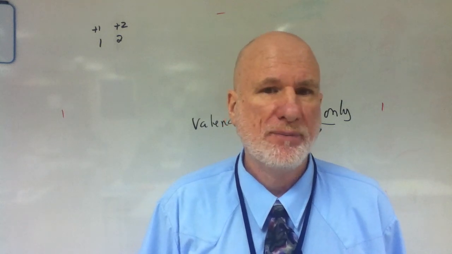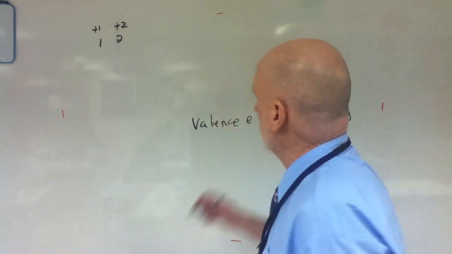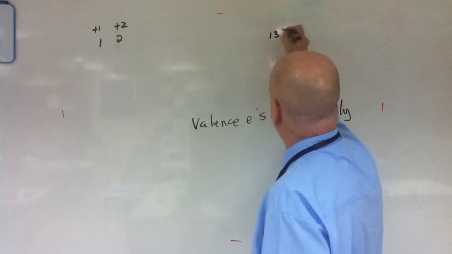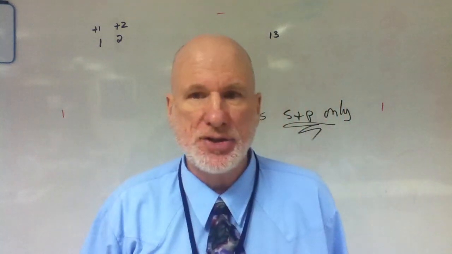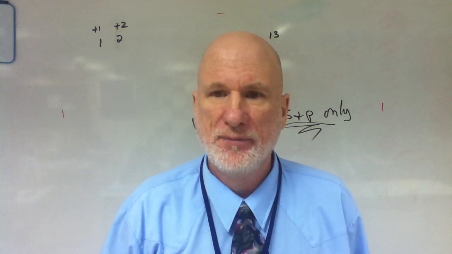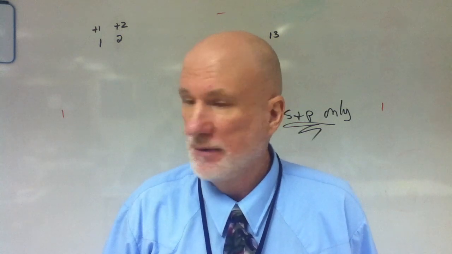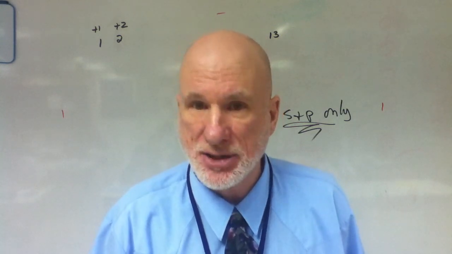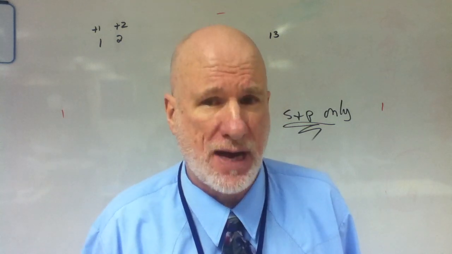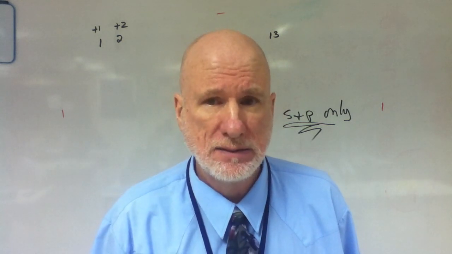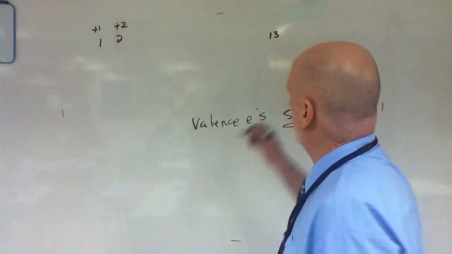What group number? 13. So over here, we got group 13. How many electrons do they have in its valence shell? 3, right? So it's going to be like the nearest noble gas, correct? It's going to give up 3 or take on 5. What are the odds? It's going to give up 3.